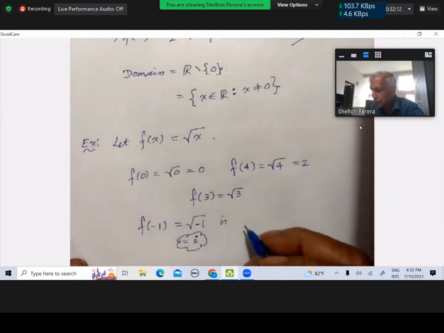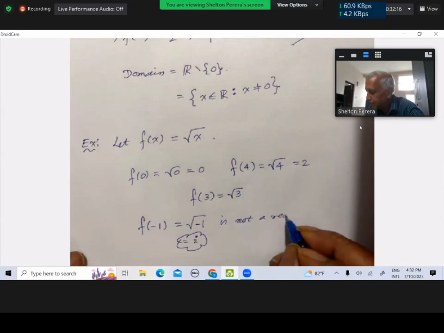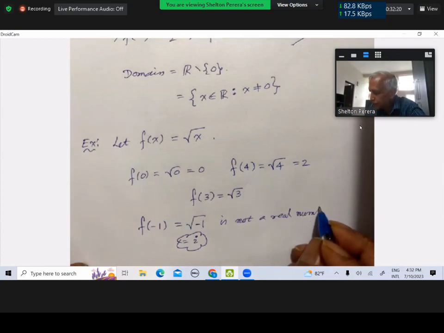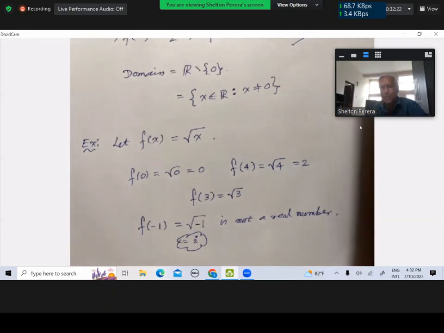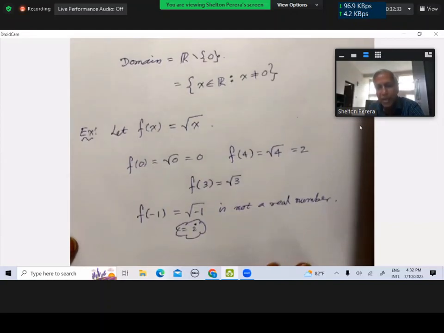Square root of minus 1 is not a real number. So that is bad, because I want my functions to produce a real number when we input a real number. Not only this, f of any negative number is not a real number.